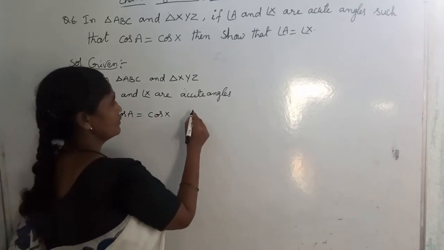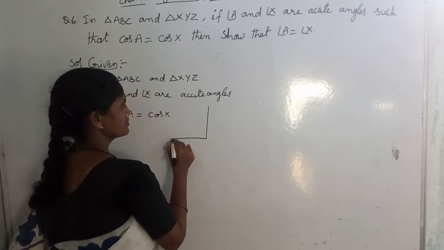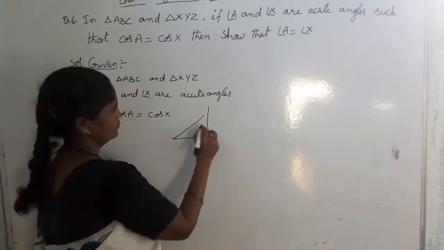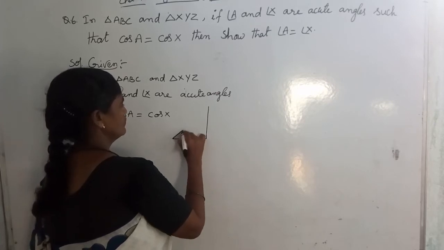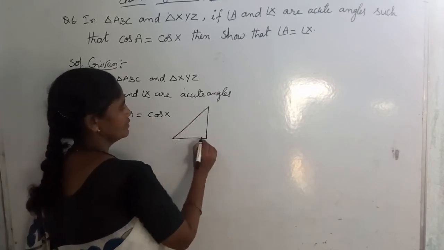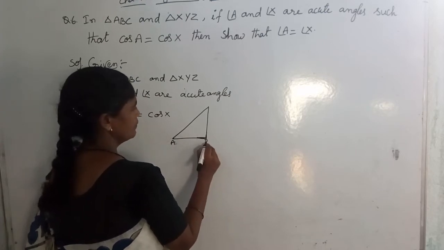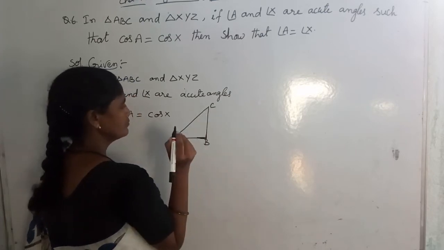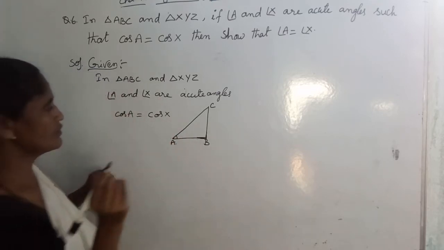According to this, we have to draw the diagrams first. Right angle triangle ABC, A is the acute angle, cos A is given, that's why.